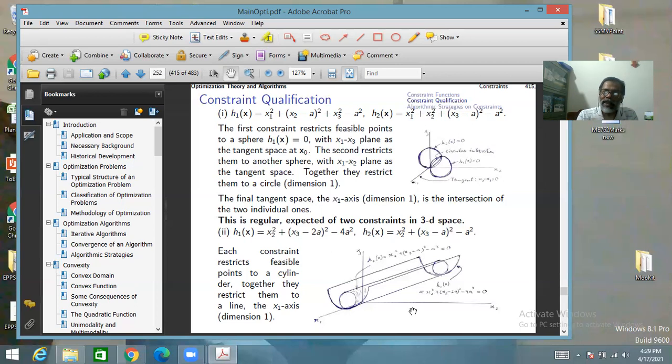In the other way, you try to see the tangent plane, which is x1, x2 plane. For this little cylinder also, you try to look at the tangent plane. That turns out to be x1, x2 plane. If they were different, then their intersection could have been a line. Since they are same, their intersection is the full plane, and this is the problem.